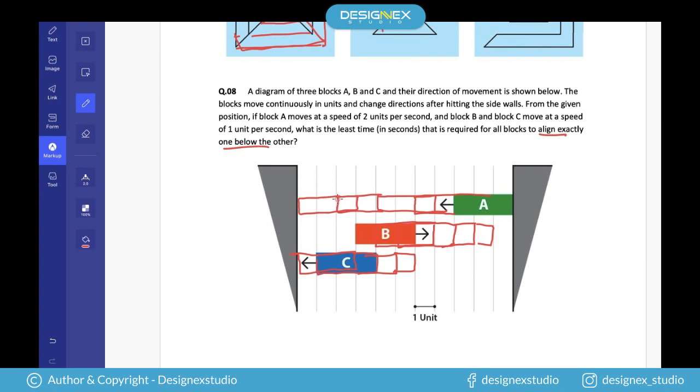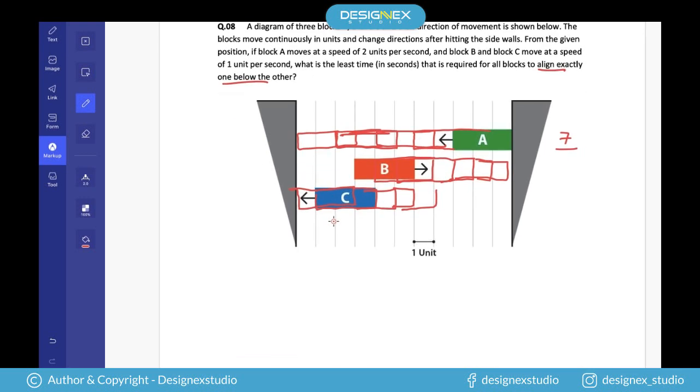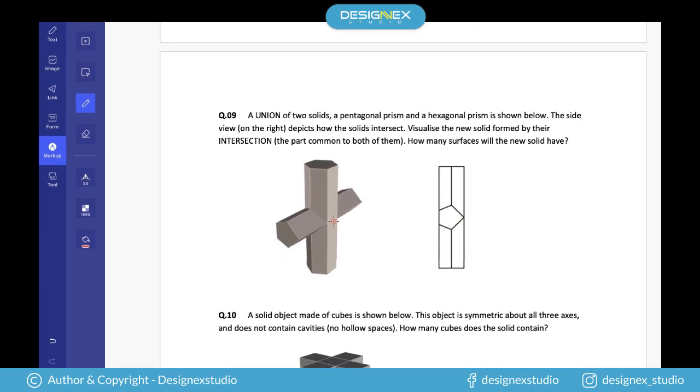Then it bounces back, so it comes back here, and this one is here, and this one is here. Then this comes back. So 7 steps would be required. This is how I calculated.